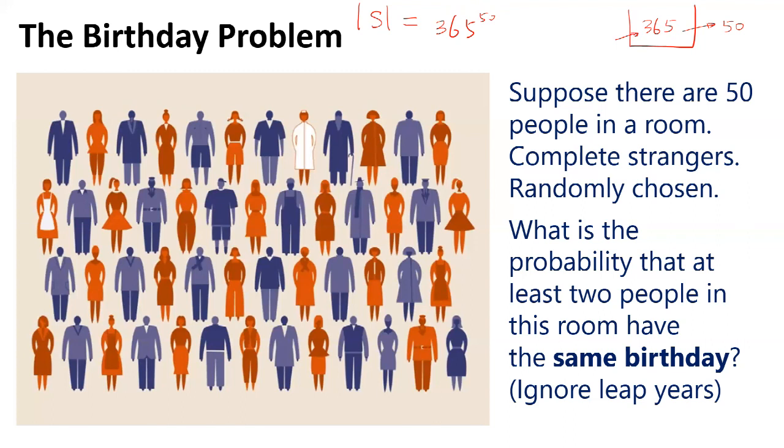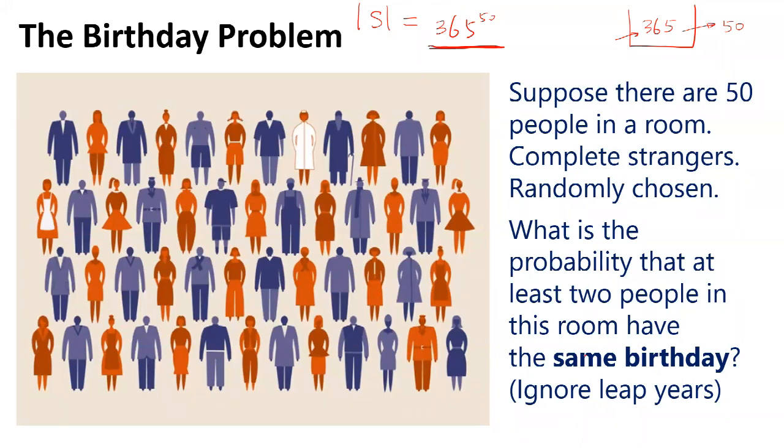Because in the sample space, we can have the same birthday. The task is to pick 50 elements out of the 365 in the container, and after each pick, the element should be put back into the container. So the total number of outcomes is this one.